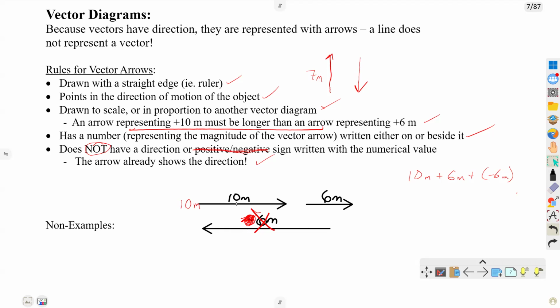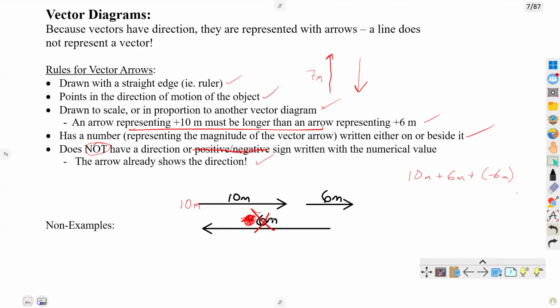So that's useless to have. The other issue is look at how long this arrow is. This arrow is almost as long as these top two arrows combined. And yet we say that this is a distance of 6 meters.